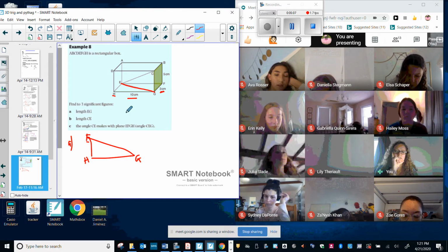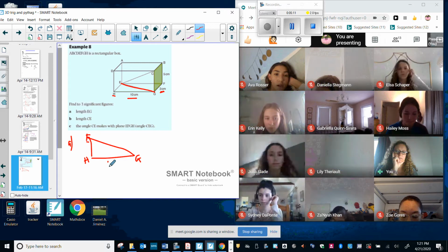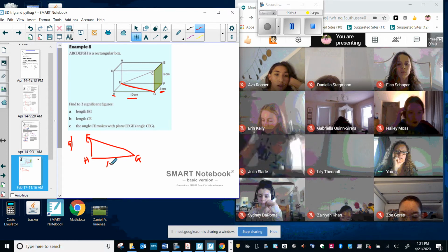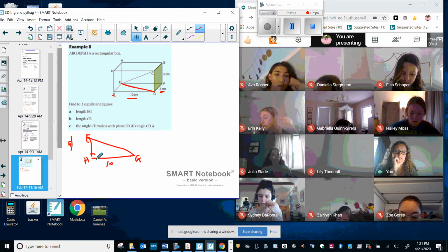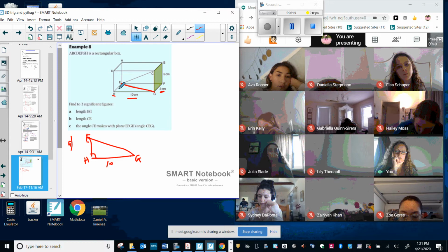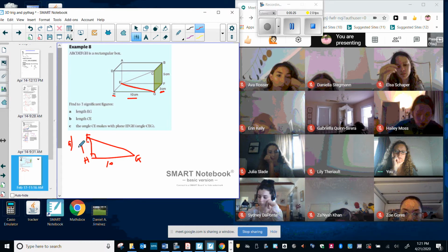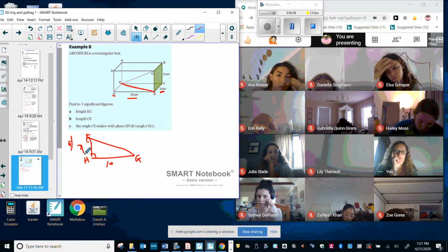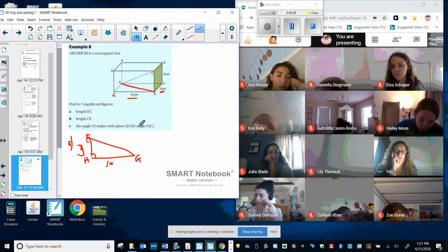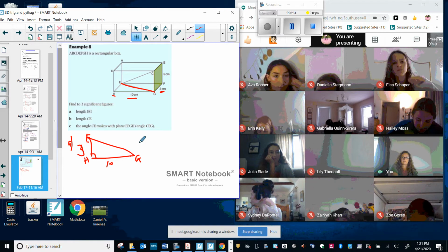Okay, so length HG I can now label on my diagram as 10. I know that this is a right angle, and EH would be the same as FG. Okay, so that would be 3. All right, so are we going to use trig or Pythagoras for this, Elsa?